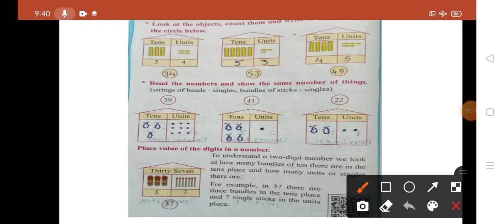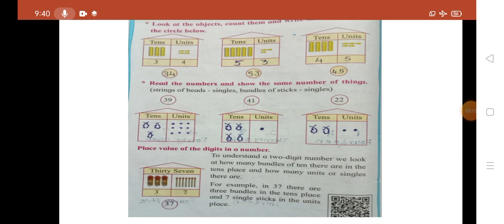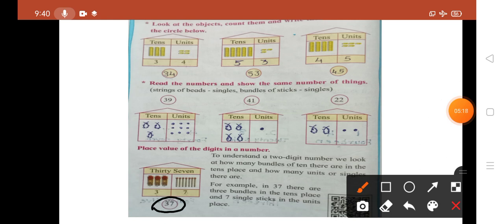So there is a number 37. So 3 is in the tens place and 7 is in the units place. So the place value of 3 is 30 and the place value of 7 is 7, because 3 is in the tens place and 7 is in the units place.